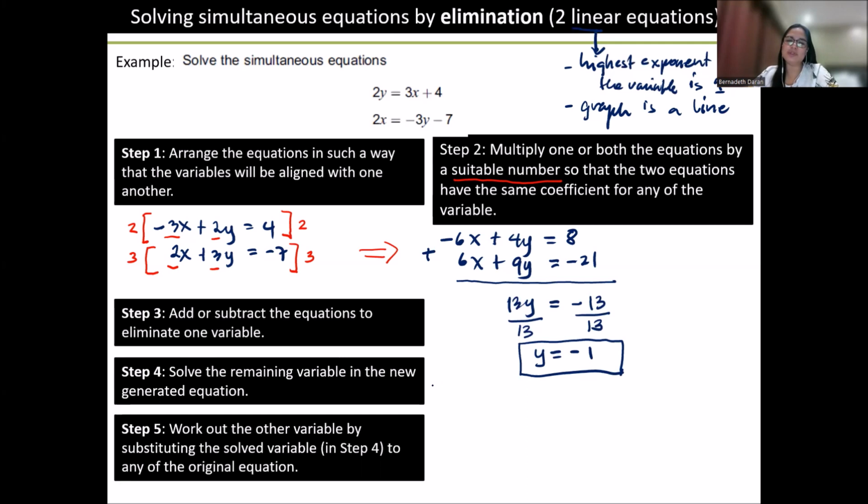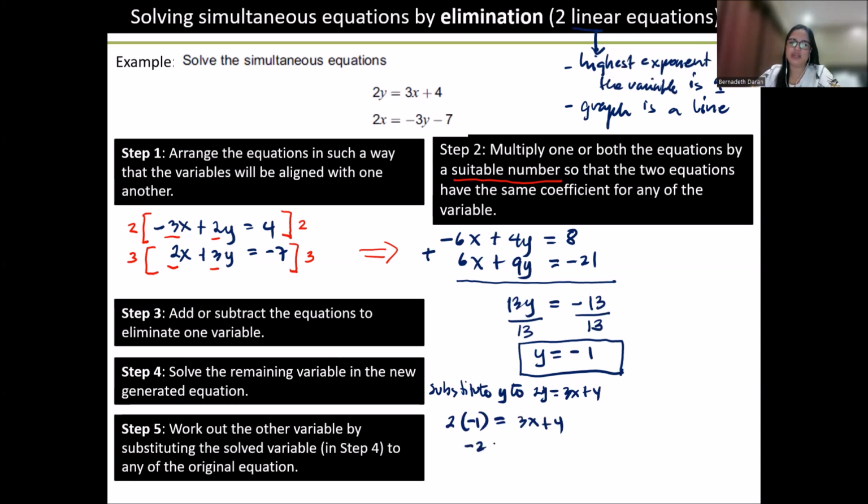So let us substitute y into 2y is equal to 3x plus 4. So therefore, this is now going to be 2 times negative 1 is equal to 3x plus 4.